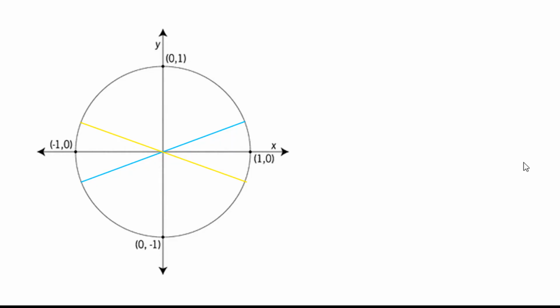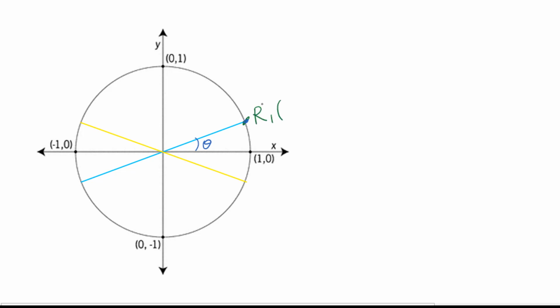This video is about the symmetrical property of a unit circle. Suppose this is the angle theta on the unit circle, and that's R1.